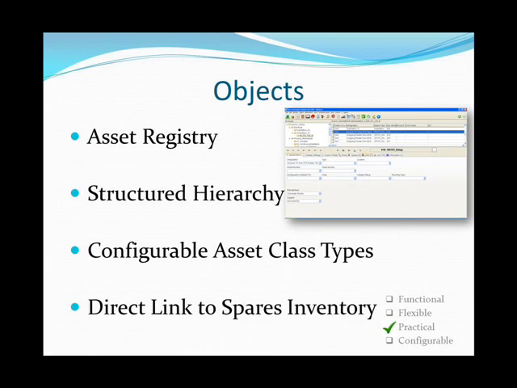That organizes your equipment in class types for pumps, valves, meters, instrumentation, etc. And then there's a direct link to spares inventory right from the same screen. You don't have to open up another module or another application. Everything is directly linked on the same screen, so you can look at your spares inventory for that particular piece of equipment, making it a very functional and practical application.